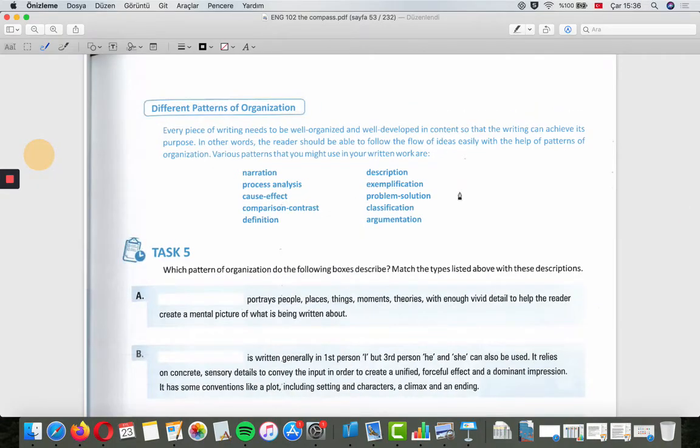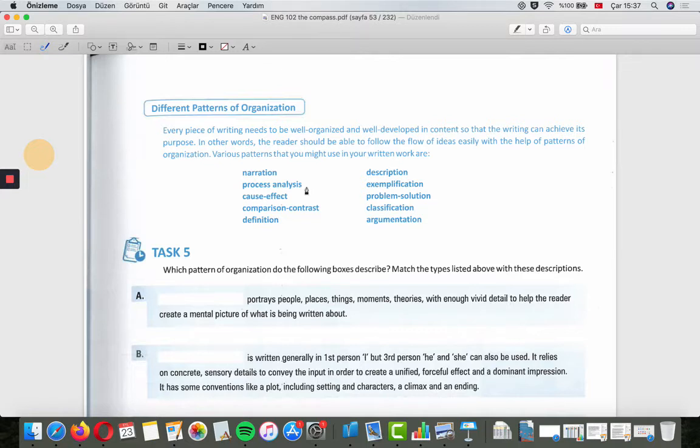Okay. It could be process analysis. It means there is a process going on. Okay. For example, giving a recipe is a process analysis. Okay. It could be cause and effect, where you give the causes, reasons for something, and then the effect, the result of it. Okay?